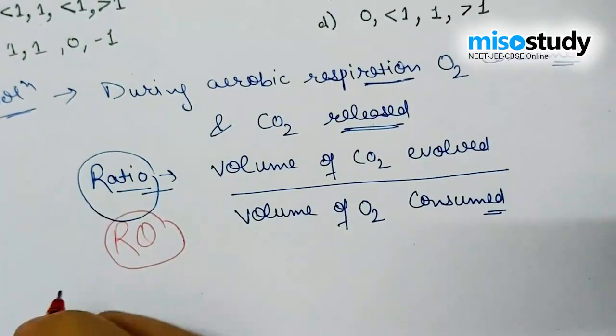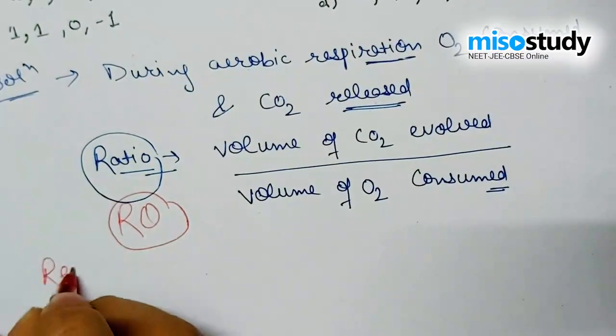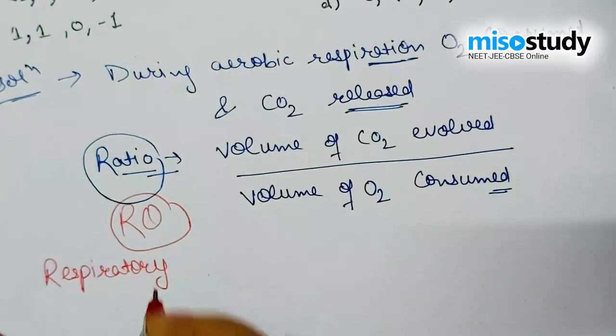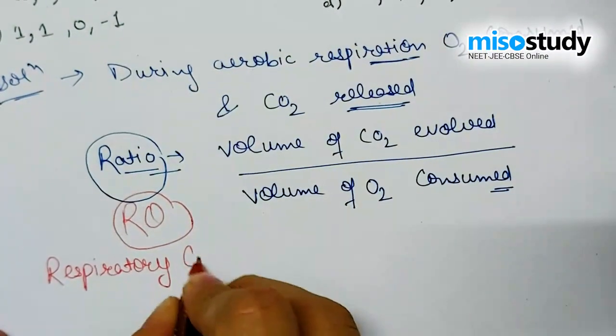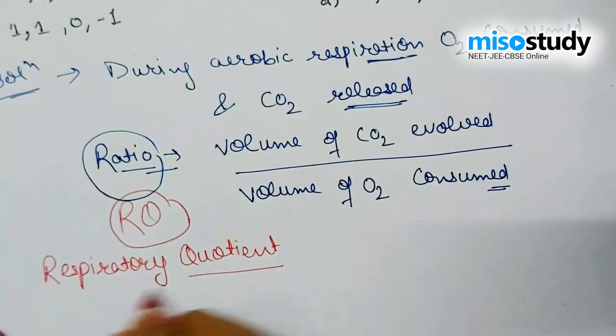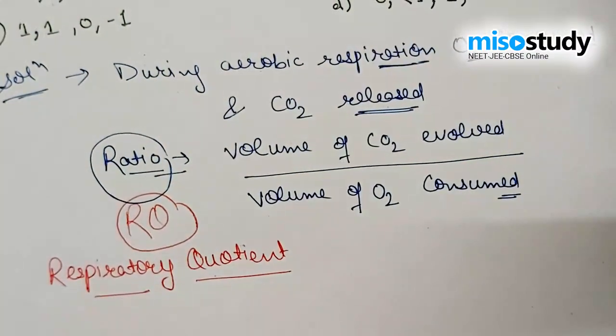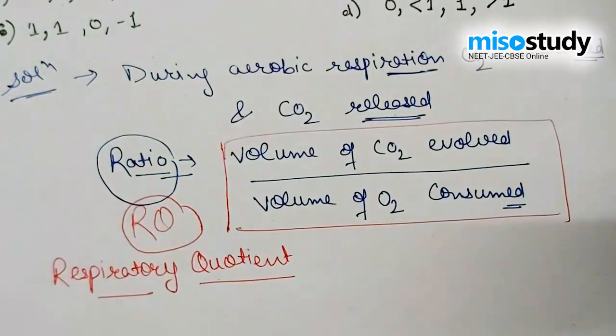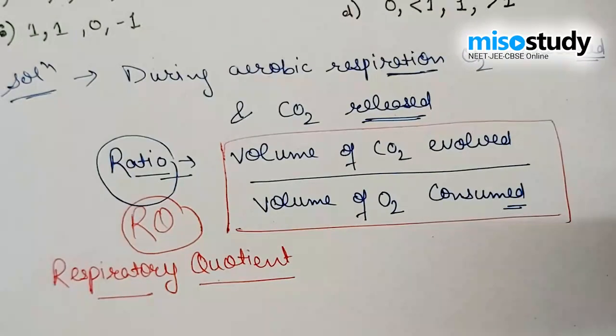So RQ is the respiratory quotient. The respiratory quotient is the volume of CO2 evolved and the volume of O2 consumed in the body.